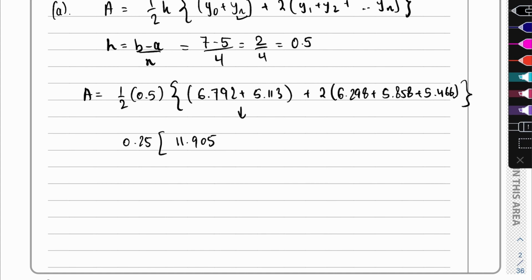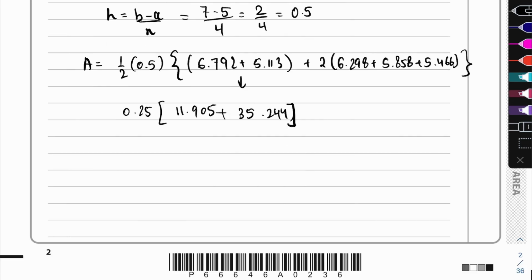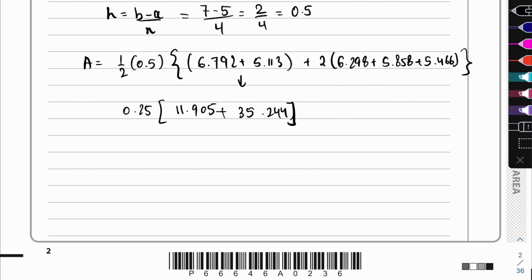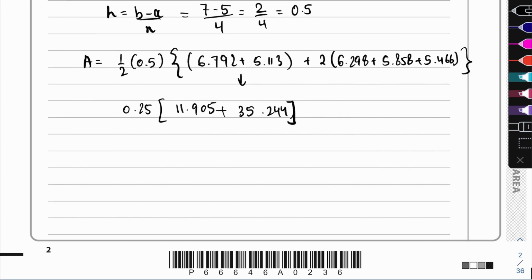Now let's do 2 multiplied by, putting brackets in your calculator, 6.298 plus 5.858 plus 5.466, close bracket, and this gives us 35.244. Let's add the two values in the square brackets together: 11.905 plus 35.244. This gives us 0.25 multiplied by 47.149.